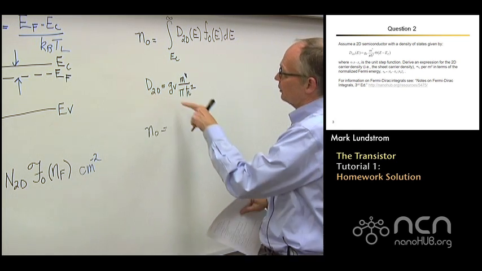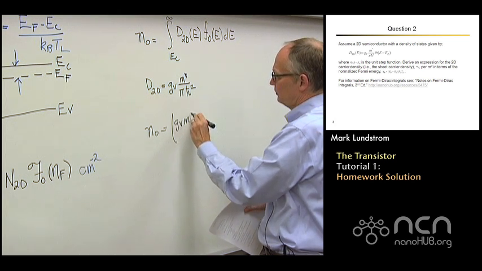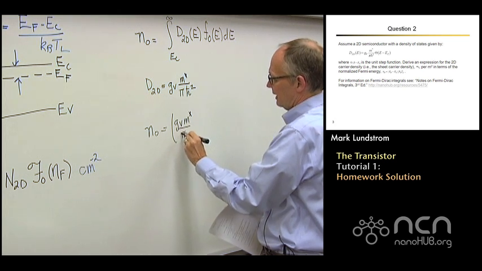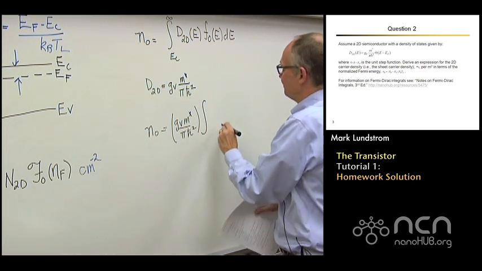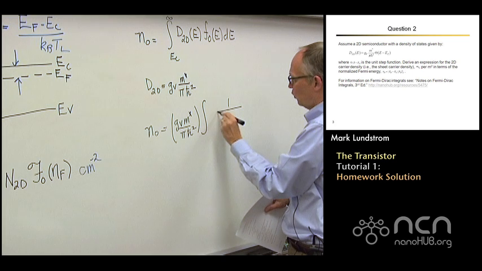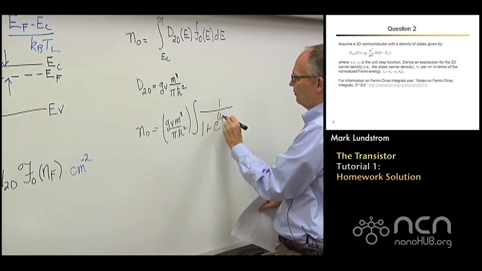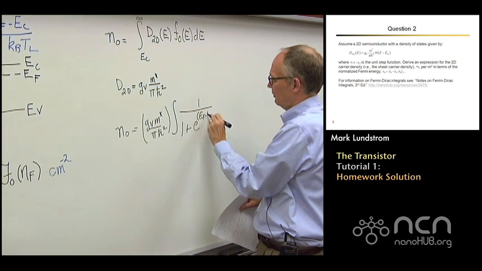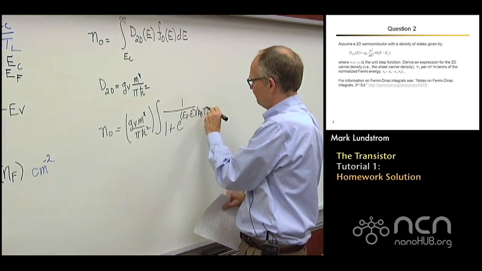So I can rewrite this expression. These are all constants. I can bring them out front, take them out of the integral. Then I have an integral. My Fermi function is 1 over 1 plus e to the Fermi energy minus the energy of interest over kBT.